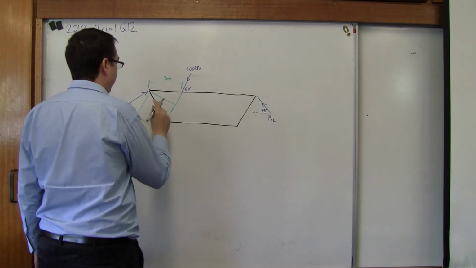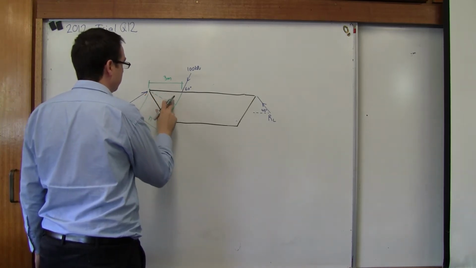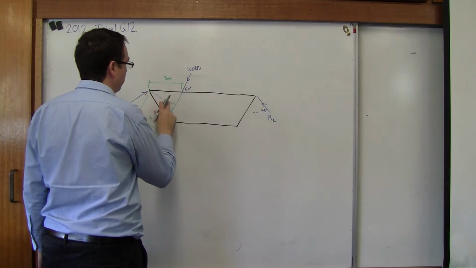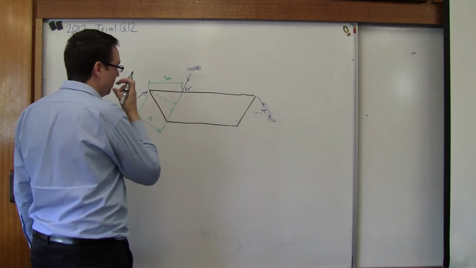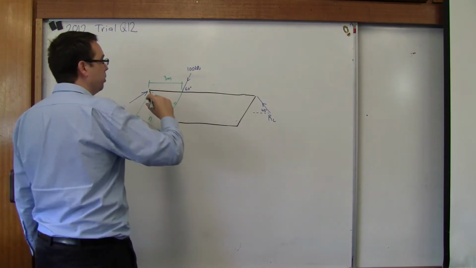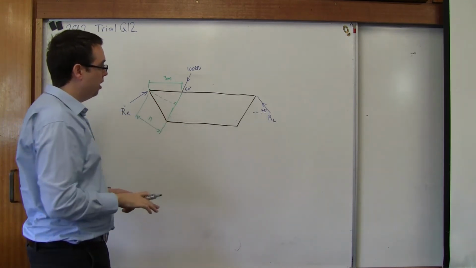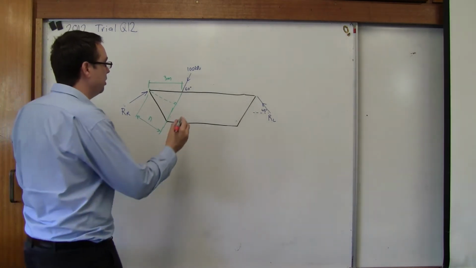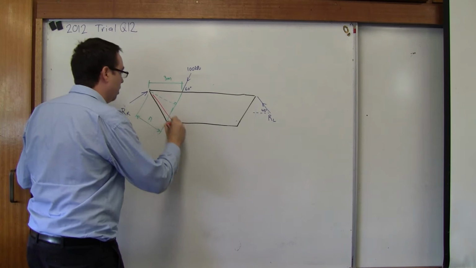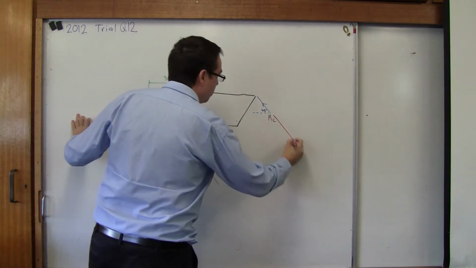I've labelled that n. Now what is this perpendicular distance here? And then I also need to find, I'm going to use red for this one, the perpendicular distance of the reaction. For me, this is the intuitive way.